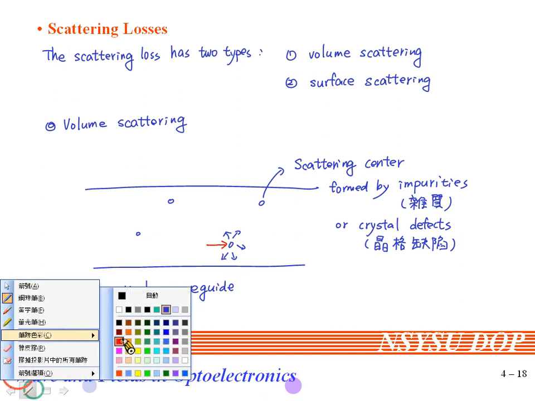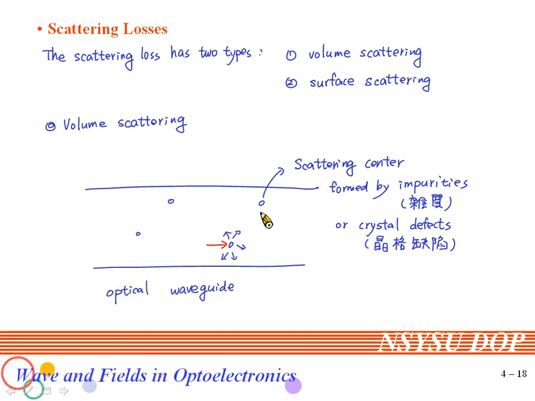And usually you can know the size of the scattering center. Suppose the size of the scattering center is D. If the size of the scattering center is much smaller than lambda, then the volume scattering can be ignored.